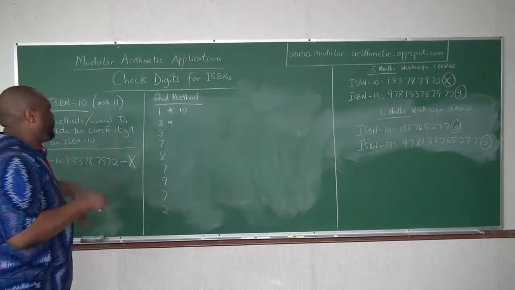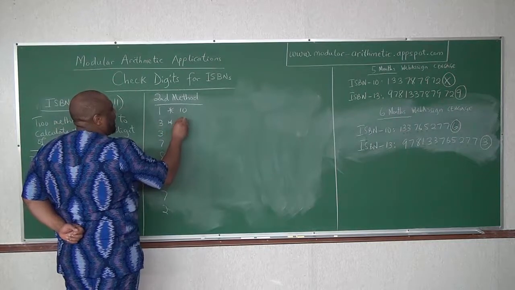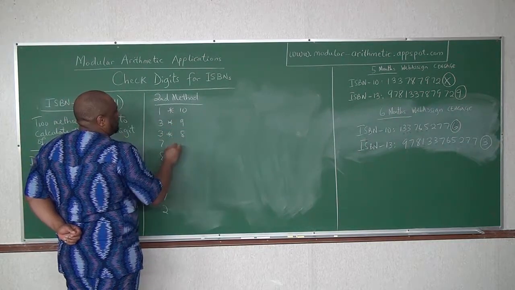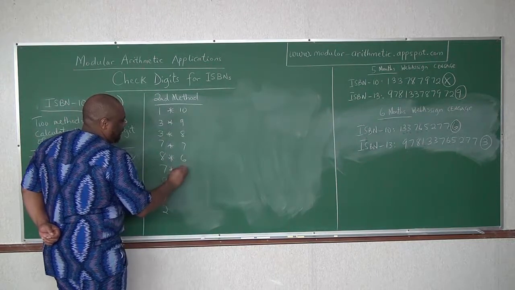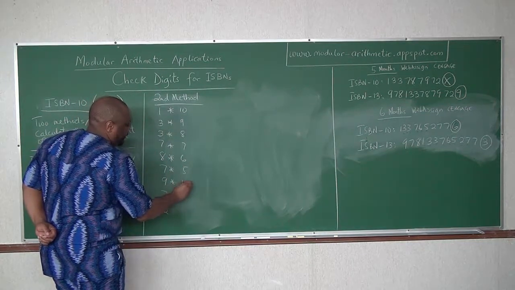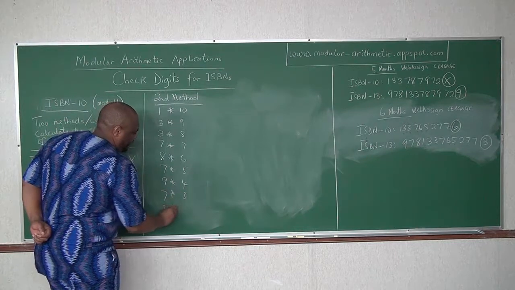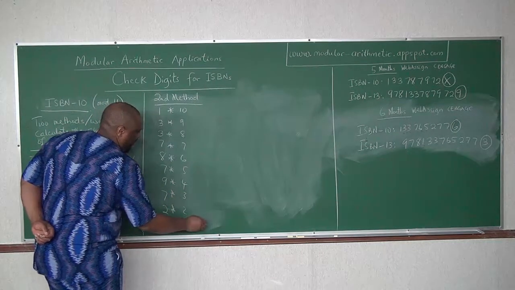So we do it like this: 1 times 10, 3 times 9, 3 times 8, times 7, times 6, times 5, times 4, times 3, times 2. Okay?